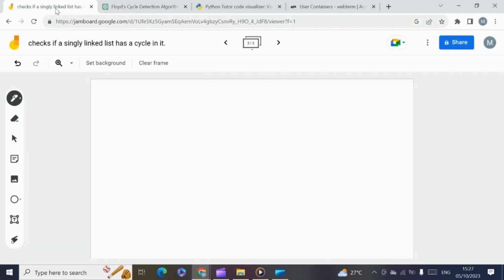So let's whiteboard it and see what it actually means. If you have a sequence of elements linked together, it says that we should have two pointers initially pointing at the first element.